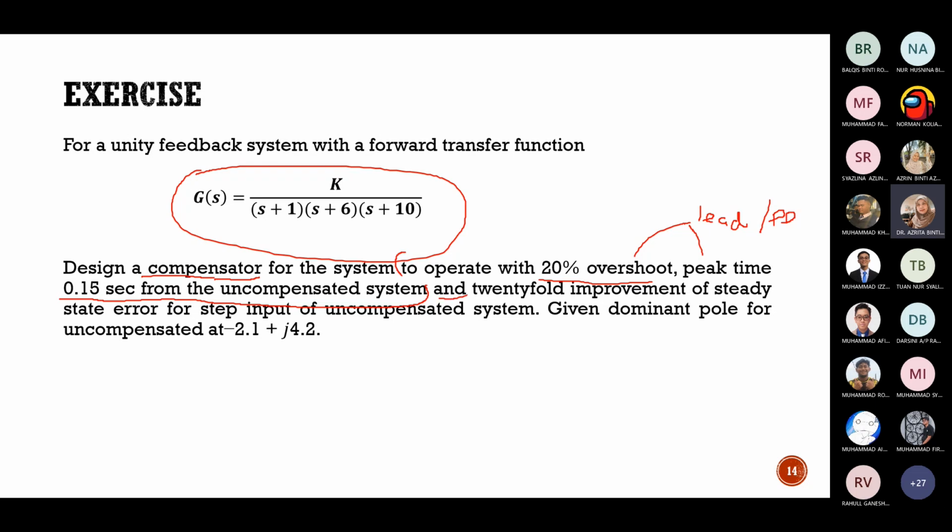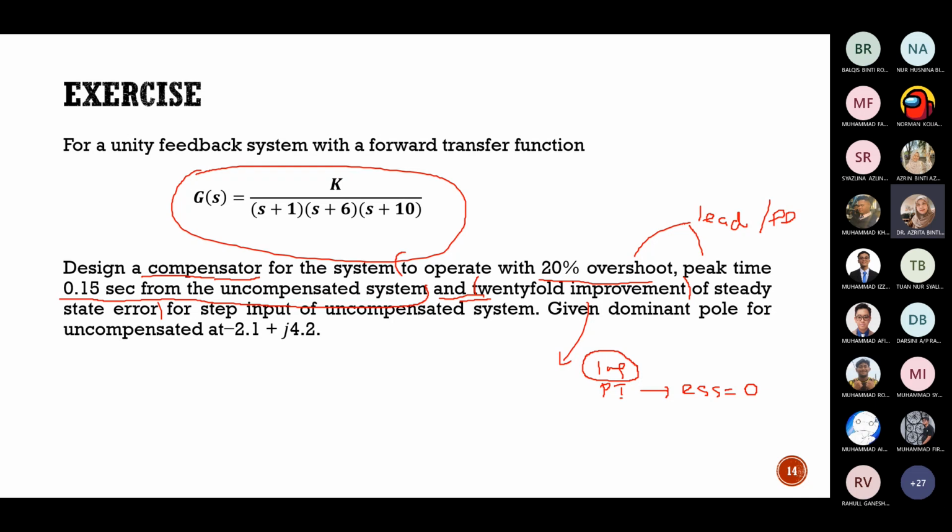And then in our design requirement, it mentions 20-fold improvement of steady state error. For the improvement of steady state error, we have lag and PI. But for the PI controller, we will improve the ESS to 0. For our design requirement, we just want a 20-fold improvement of the steady state error. So the most suitable controller that we need to choose is the lag.